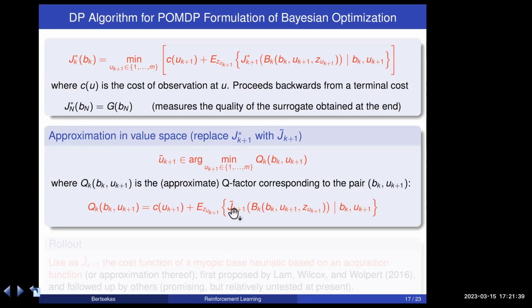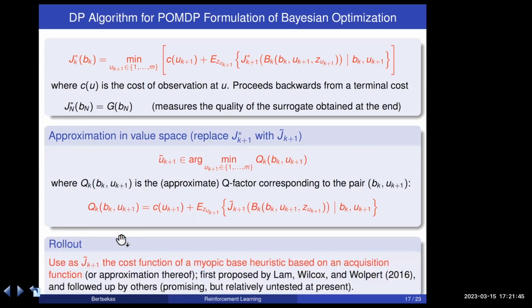Now, defining J tilde is not so easy in Bayesian optimization, but people have experimented with rollout ideas, where J tilde k plus 1 is the cost function of a myopic Bayes heuristic based on an acquisition function. You simply run forward the acquisition function to obtain an approximate Q factor.